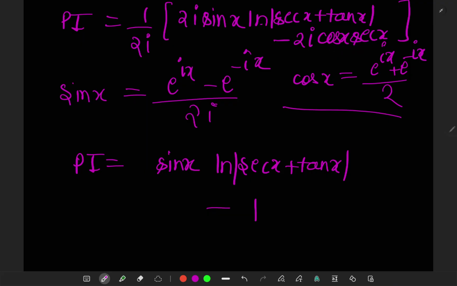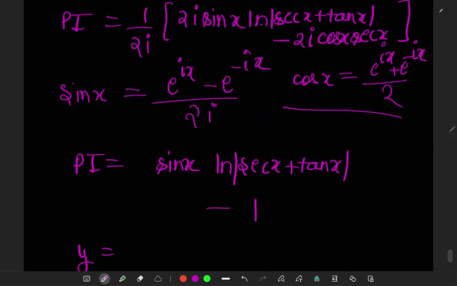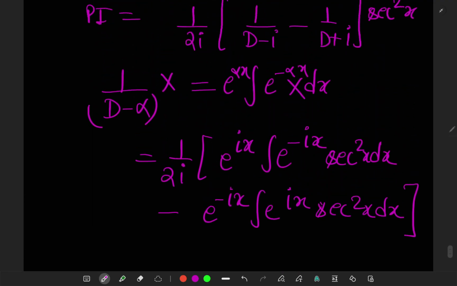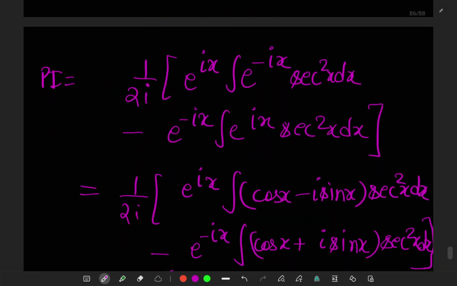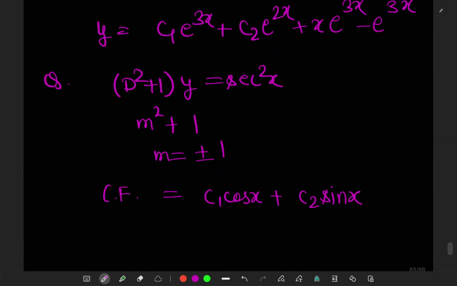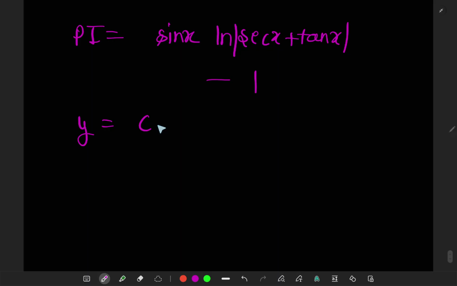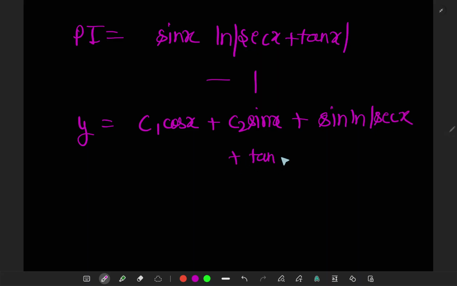Cos x is cut by sec x, so we can write here y is equal to c1 cos x plus c2 sin x plus sin x ln sec x plus tan x minus 1. This is the solution of this differential equation.